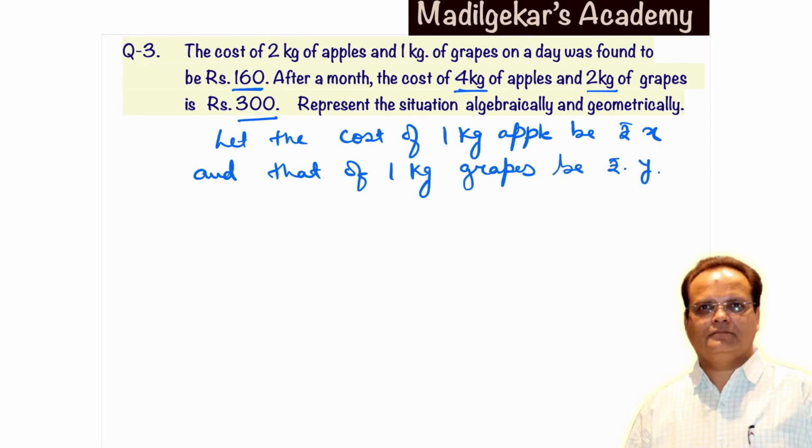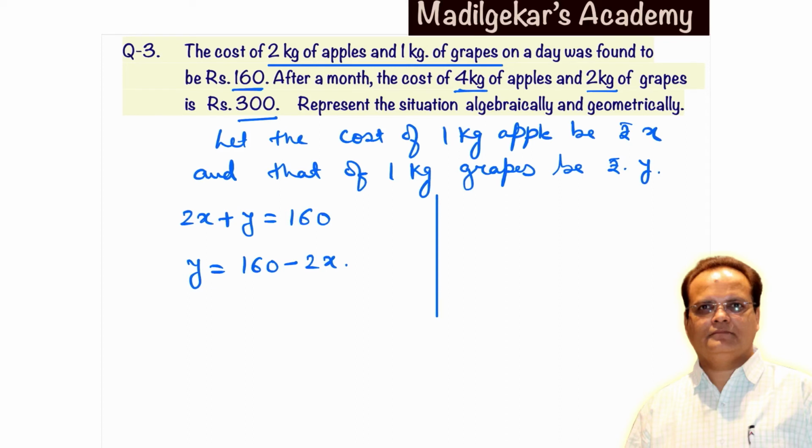So from the given conditions, 2 kg of apples and 1 kg of grapes means 2x plus y is rupees 160. So y is 160 minus 2x. This is the first equation. Again, from the given conditions, 4 kg of apples means 4x, 2 kg of grapes means 2y.